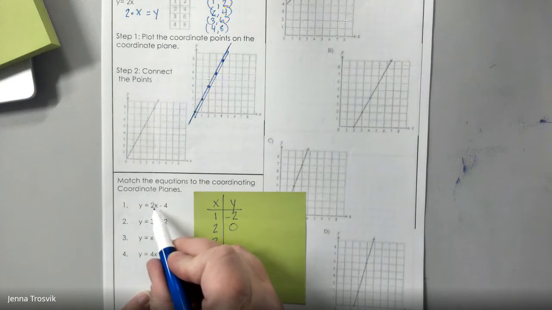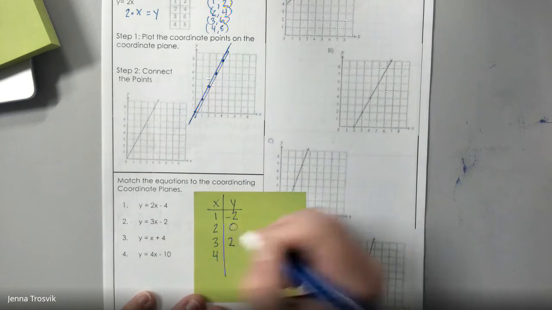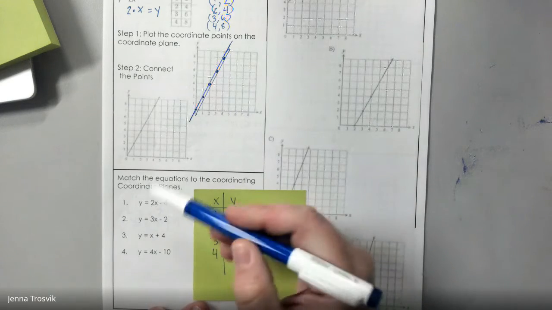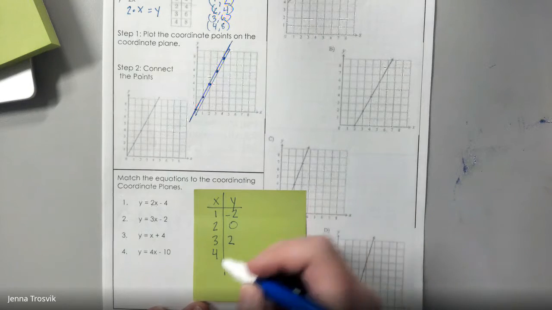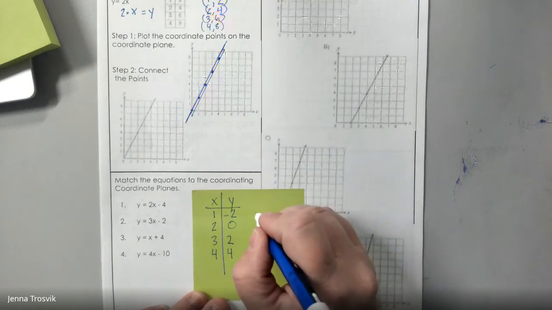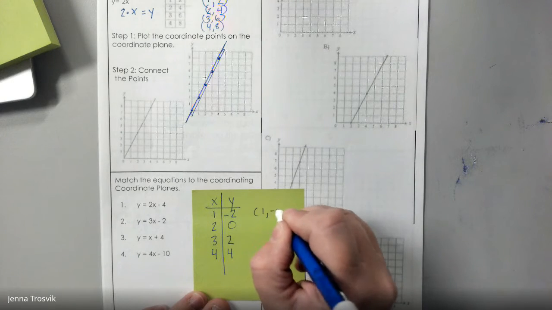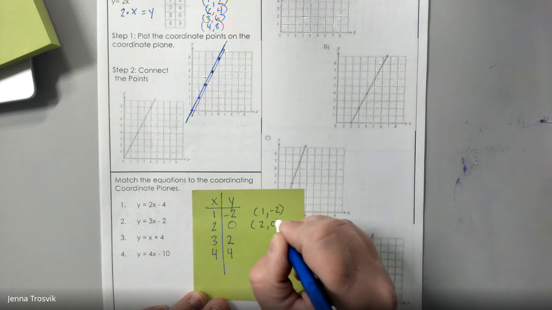If I put 3 in for x, I have 2 times 3, which is 6. Take 4 away, and I have 2 left. And if I put 4 in for x, I have 2 times 4, which is 8. Take away 4 is 4. Now, these are my dots that should be on my coordinate plane.